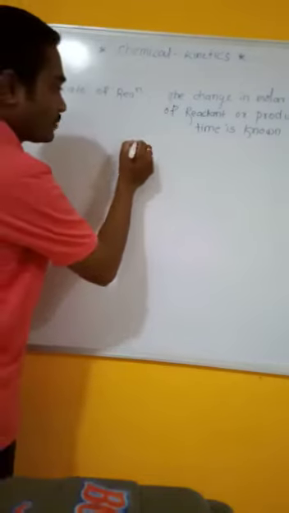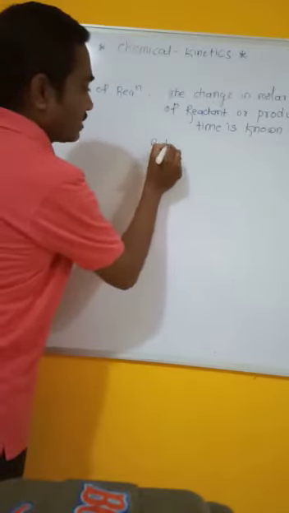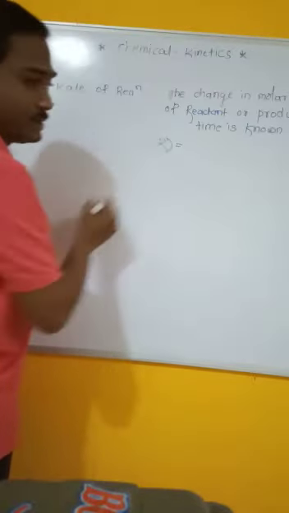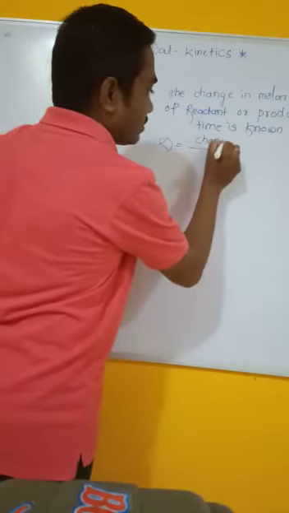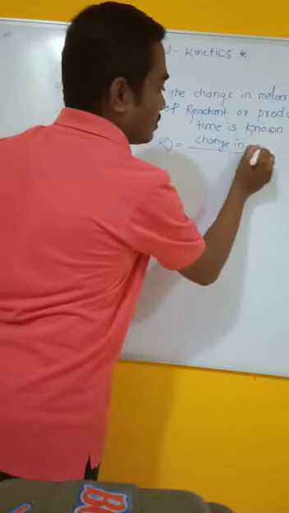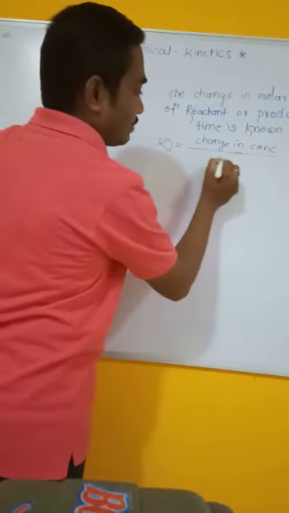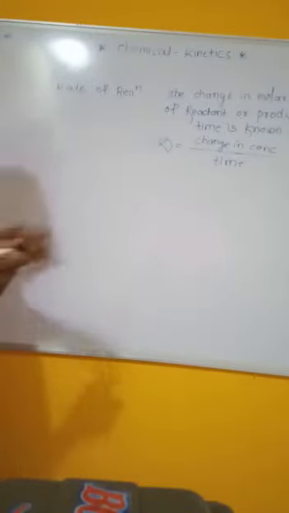We have to define simply the rate of reaction, which is denoted by the letter R. R is equal to change in concentration divided by time. This is the formula for the rate of reaction.